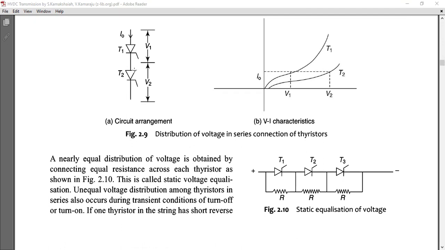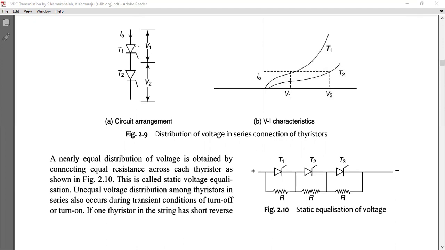If you connect two thyristors, you know that no two thyristors have the same characteristics. There may be variations in the forward and reverse blocking characteristics, which cause unequal distribution of voltage in steady state.